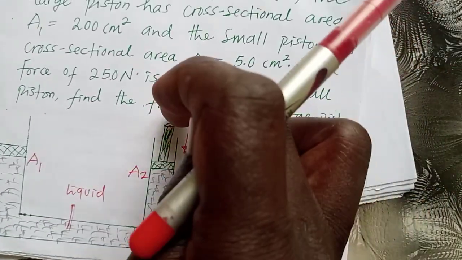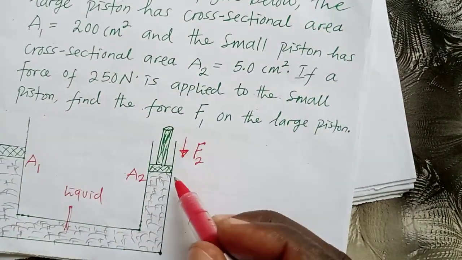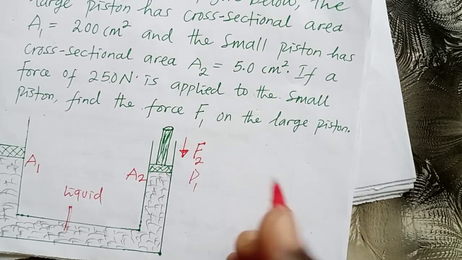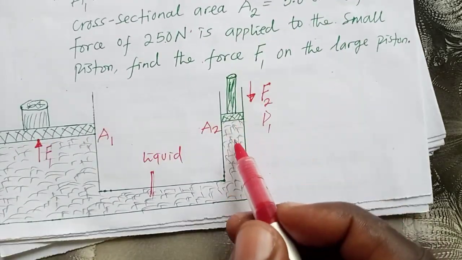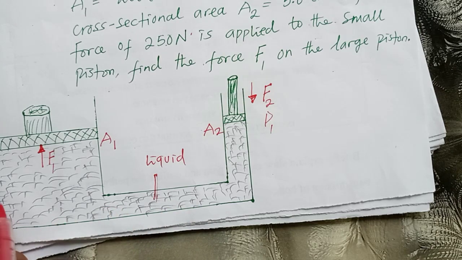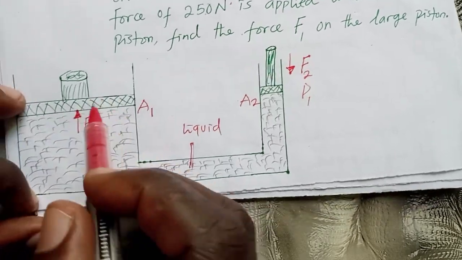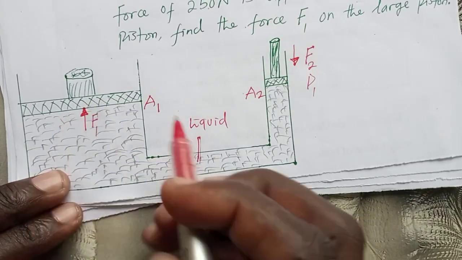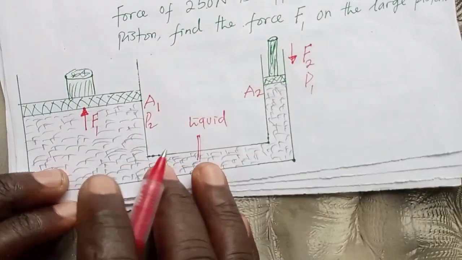So if I apply a force here, there will be change in pressure, and I call this P1. And then this change in pressure will be transmitted without loss, without reduction, to all portions of the liquid, and it will manifest here as P2.